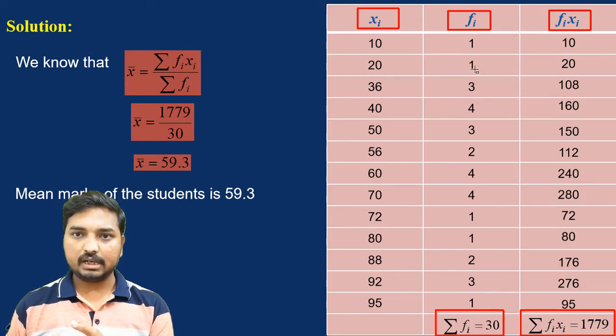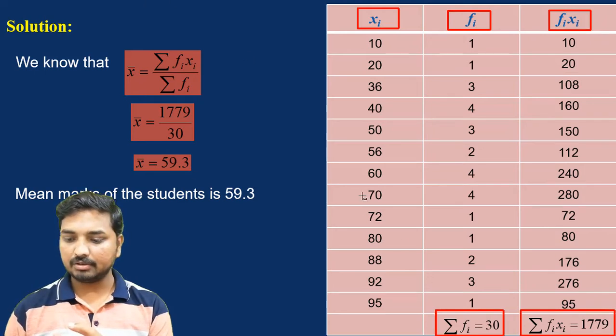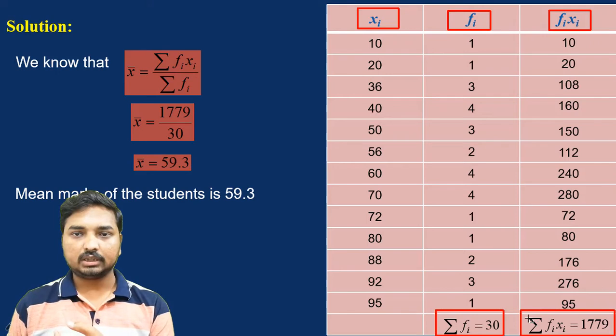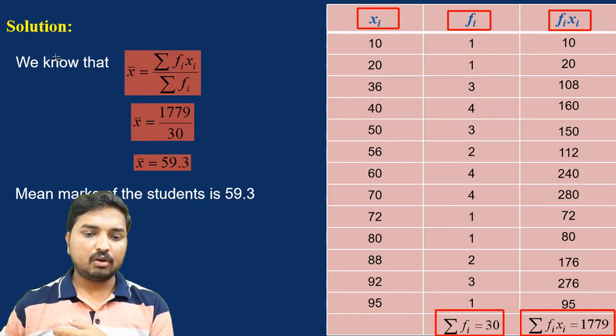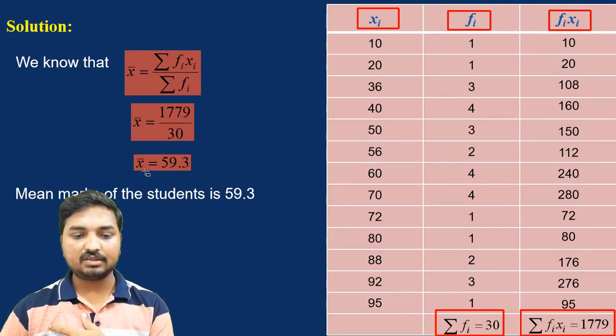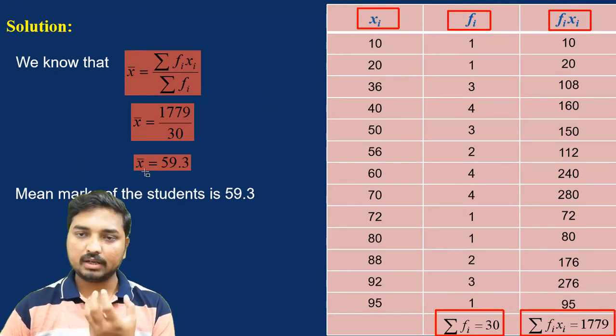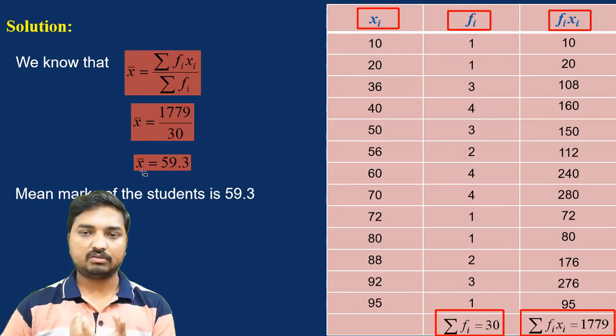After generating the third column, you will get summation Fi into Xi. After that you need to substitute in the formula. Then after simplification you will get the mean, that is X bar. Remember, X bar is nothing but the mean. You can also write mean in place of X bar. This completes the solution of the first question.